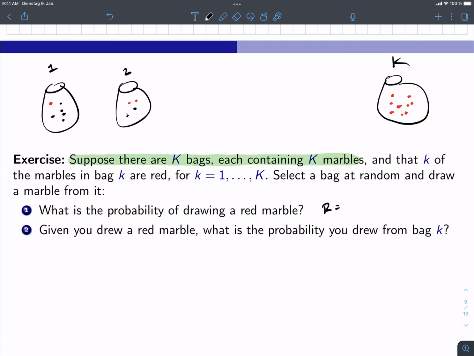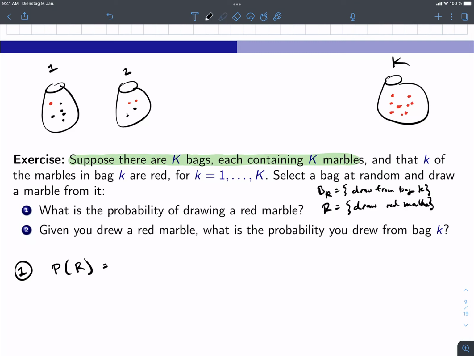So let's let R be the event that we draw a red marble, and let's let B_k be the event that we draw from bag k. So for number 1, I want to compute the probability of drawing a red marble.